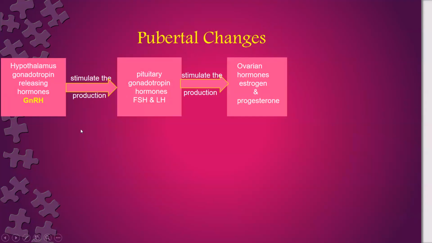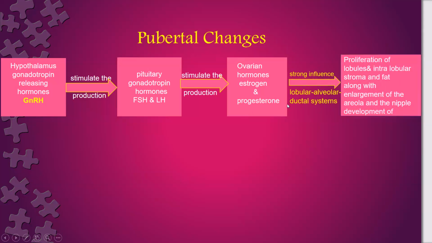As you know, at puberty, the female has the hypothalamic pituitary ovarian axis hormones, estrogen and progesterone, having a strong influence on the lobular alveolar ductal system that results in proliferation of these structures, as well as proliferation of the stroma and fat, and enlargement of the nipple areolar complex, resulting in further development of the breast.